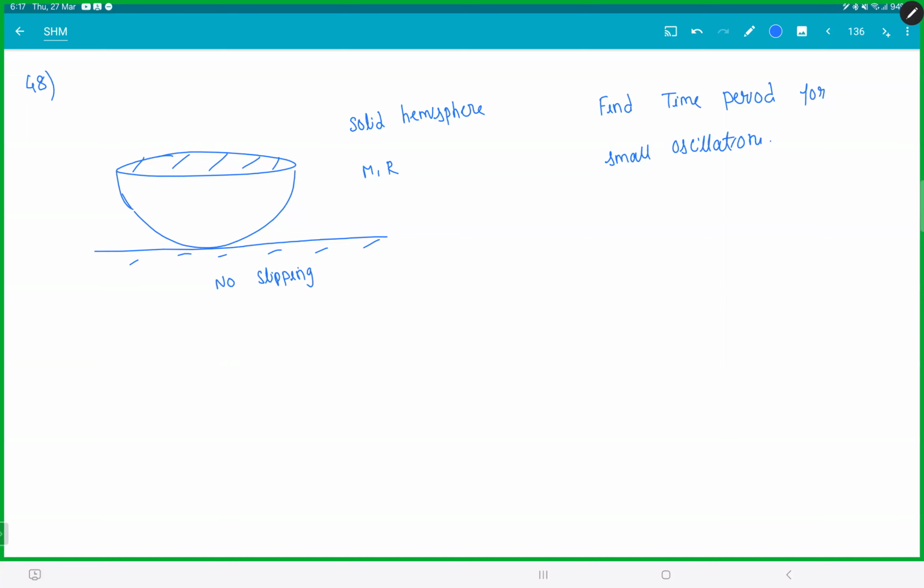You're getting how this will oscillate? Meaning, if you're looking into my screen, it's like this. Ever seen a rocking chair? That's how it oscillates.